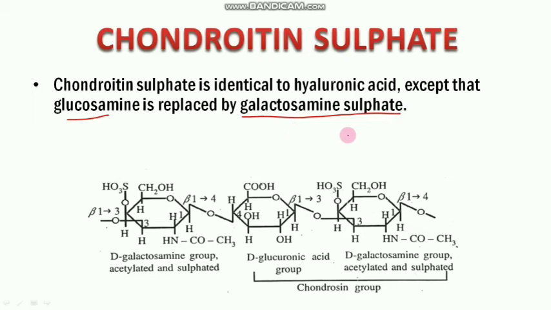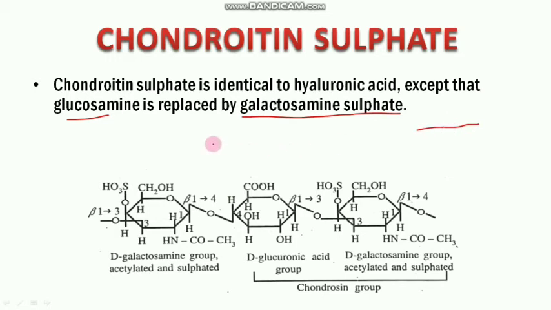So the glucuronic acid is present in both chondroitin sulfate and hyaluronic acid. They differ from each other in that instead of glucosamine, chondroitin sulfate contains N-acetyl galactosamine sulfate. So we can just say that it is a sulfated linear heteropolysaccharide.